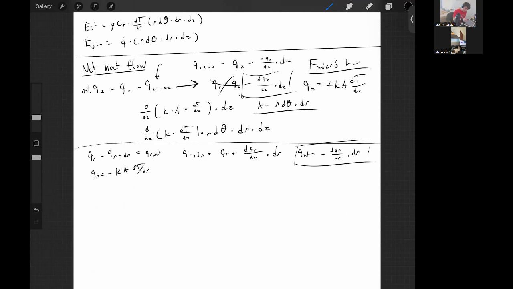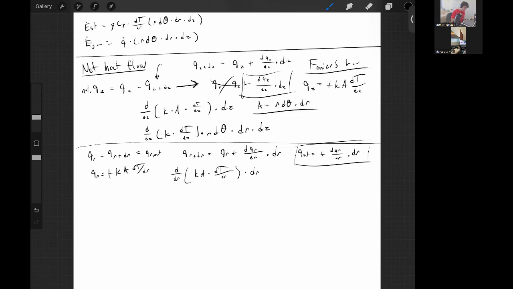But if we sub that in, these become positive, and we have something that looks like, I'm going to shove our derivative out here, k times area multiplied by the change of temperature by the change of radius, which is again multiplied by our change of radius.